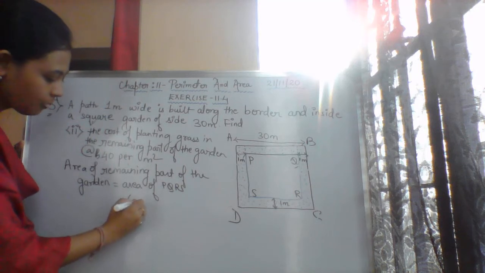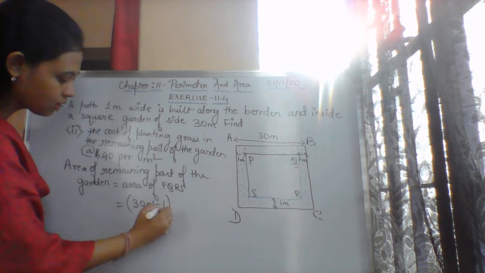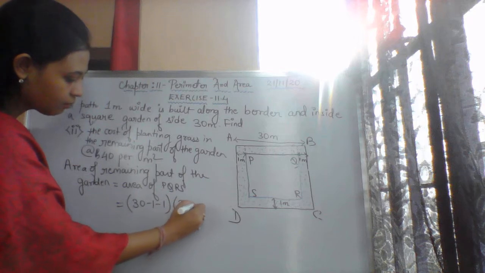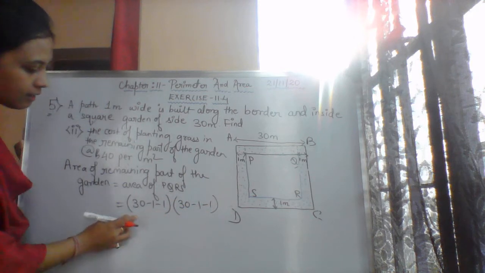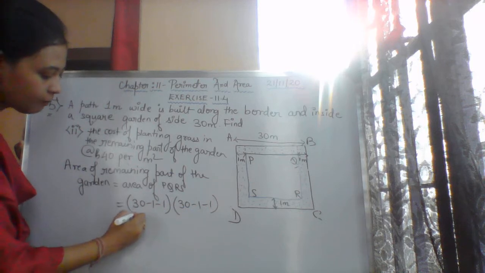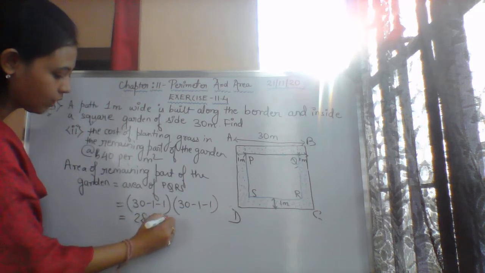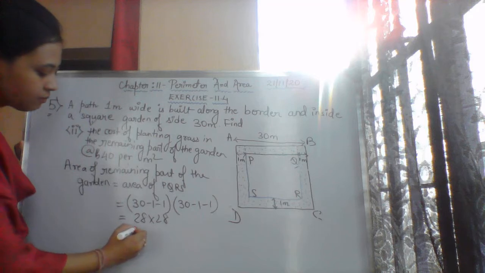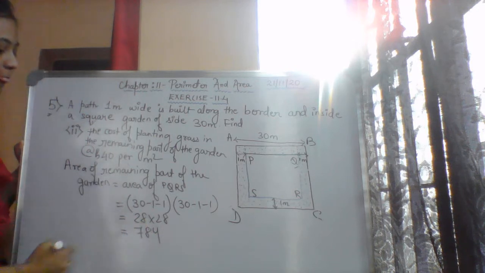That is 30 minus 1 minus 1, side into side. That came 28 multiplied by 28, and that came 784.